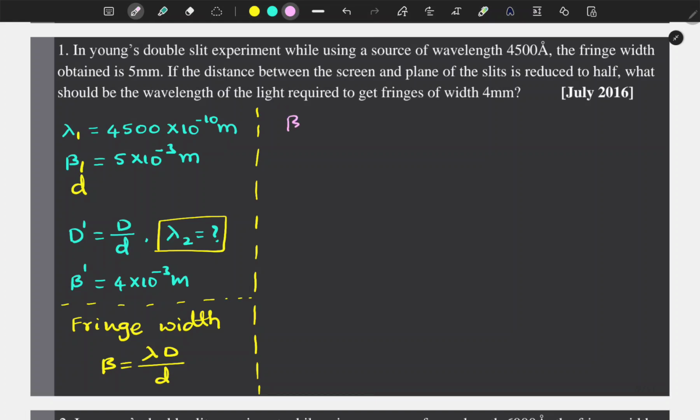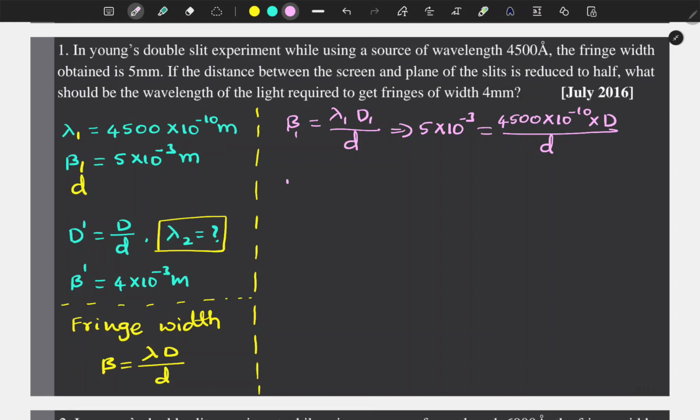Now for the first wavelength, that is lambda 1, and D1, it is D only, divided by small d. So the fringe width is 5 millimeter. 5 into 10 to the power minus 3 is equal to lambda 1, which is 4500 into 10 to the power minus 10, into D1 which is D, divided by small d.